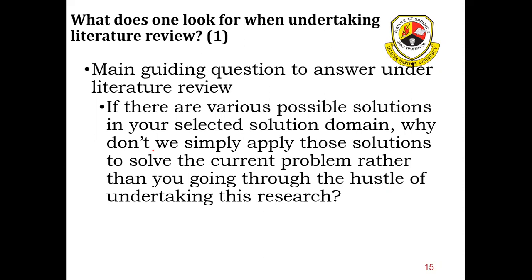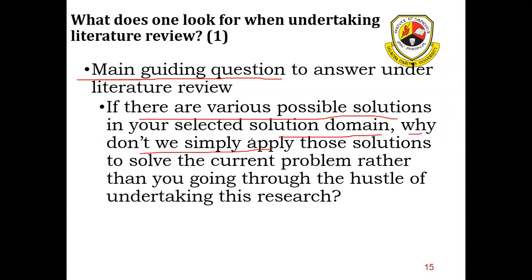So what does one look for when they are doing literature review? One, look at your main guiding question or your main objective. Okay, start with that. Two, look at your problem statement. Remember, we said if there are various possible solutions for your selected domain, why don't you simply use them?